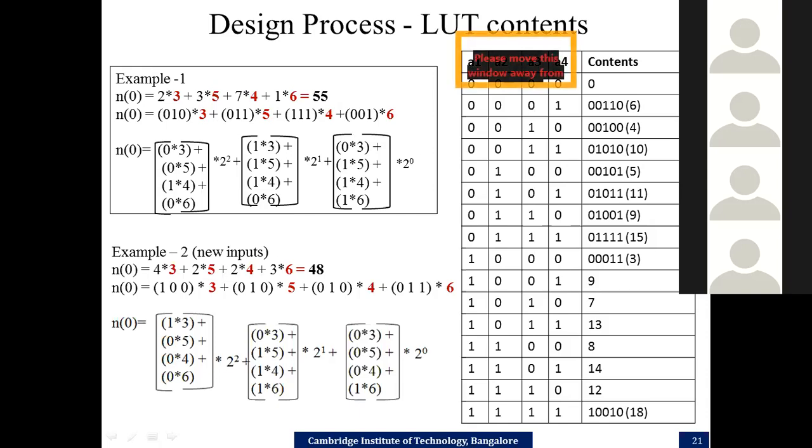So if I take the first neuron, the neuron weights are 3, 5, 4, 6, and their inputs can keep changing. For all the possible combinations of input, I have computed the possible outputs of multiplication. I hope you have understood.